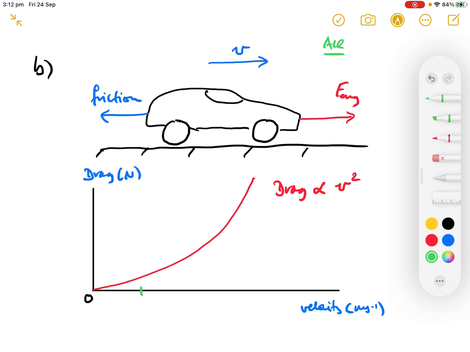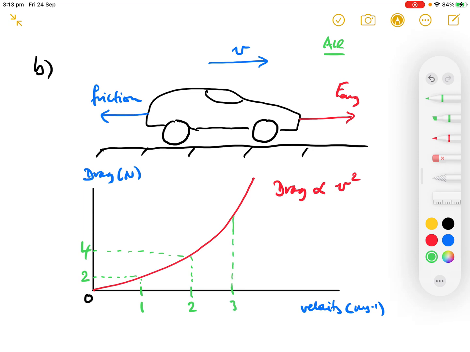So if I could just make up some units for brevity, if I've got 1 unit of velocity, say 1 meter per second, and let's just say I've got 2 units of drag there, then if I double my speed to 2 meters per second, the way this curve goes, it's like a y equals x squared curve, I've got 4 units of drag.